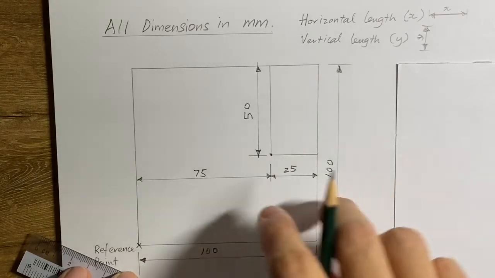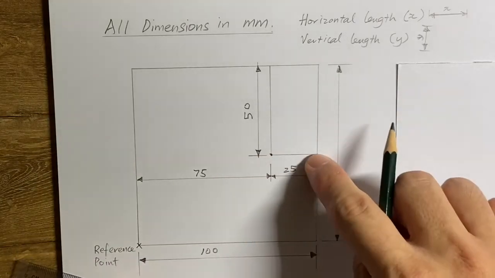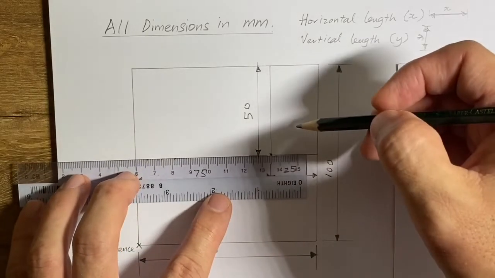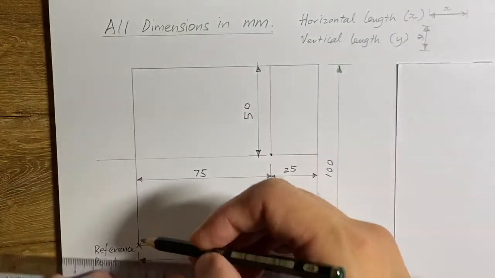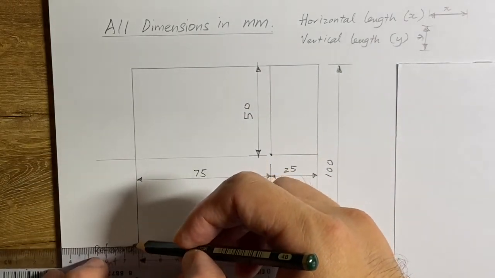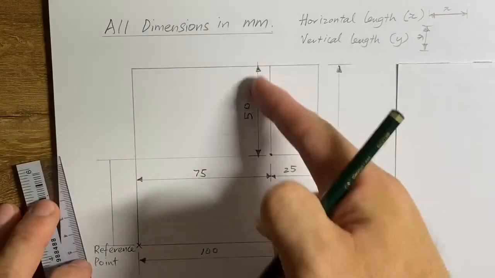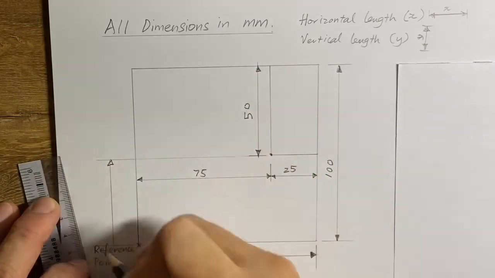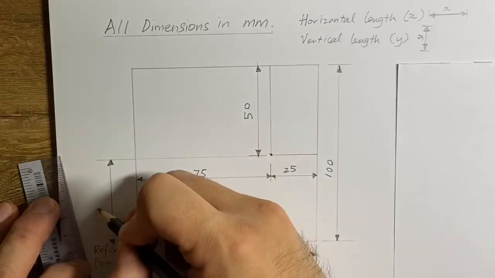At the same time, how far is this lowest point of rectangle from the reference point? Okay, we can indicate at this location, from the reference point, and since that was 50, this must also be 50.